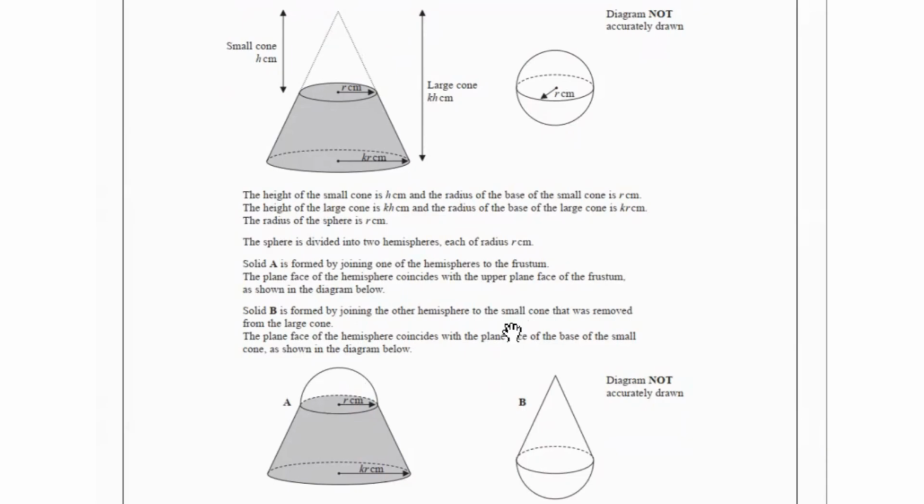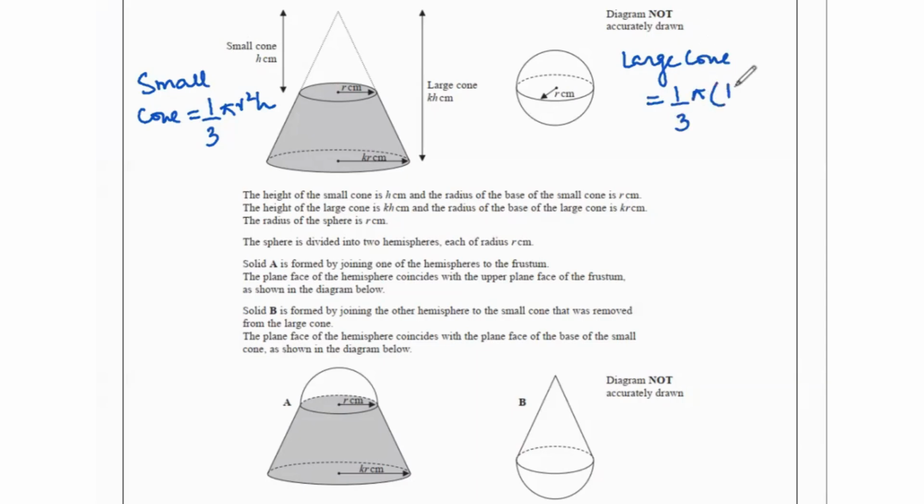So first, let's begin with finding the volume of the small cone and the large cone. The small cone is going to be 1 over 3 pi r square h, and the large cone is going to be 1 over 3 pi kr square times kh.